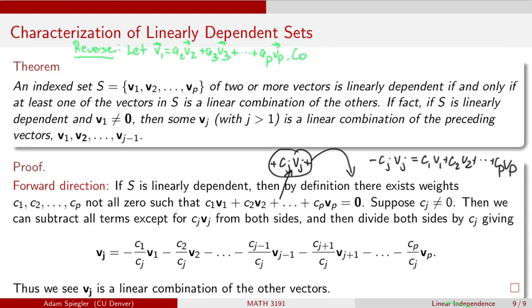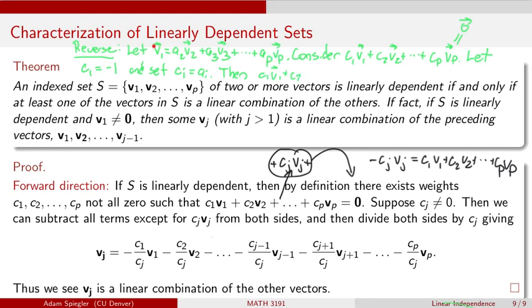And so let's consider the vector equation, which is C1 times V1 plus C2 times V2, all the way up to Cp times Vp equals the 0 vector. And we want to determine whether we have a non-trivial solution. So let's let C1 equal minus 1, and then we're going to let all of the other C's equal the weight that we needed when we took their linear combination to get V1.